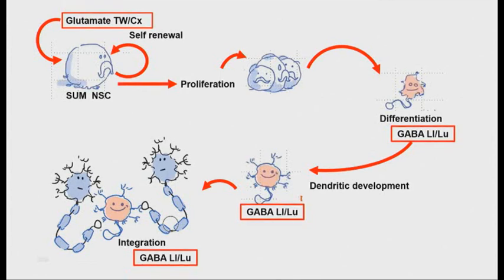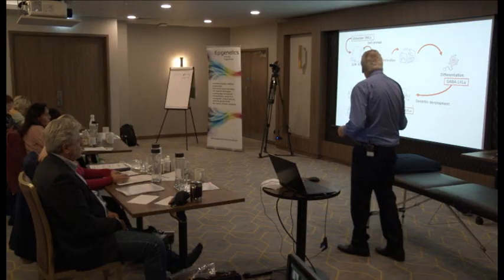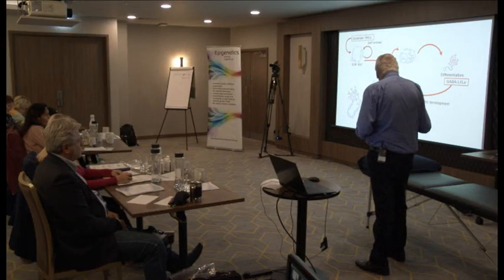The mammillary nucleus then self-renews, so it's telling the cell, the neuron, make another copy of yourself, make another copy of yourself, like a reproduction. And this then proliferates thanks to glutamate and makes cell after cell after cell, which then differentiates from stem cells into neurons. So now we're making a little baby neuron, and that's the differentiation which needs the GABA.